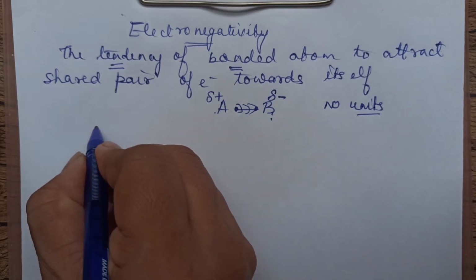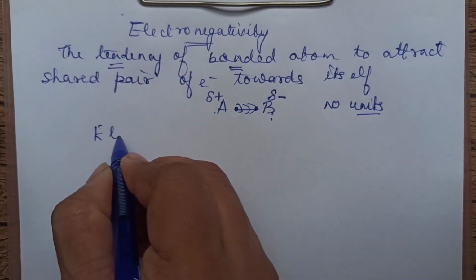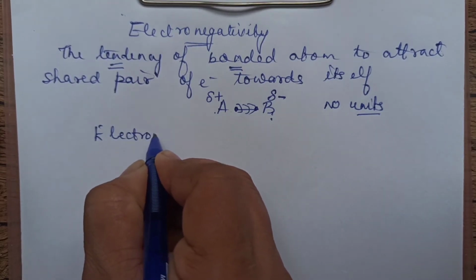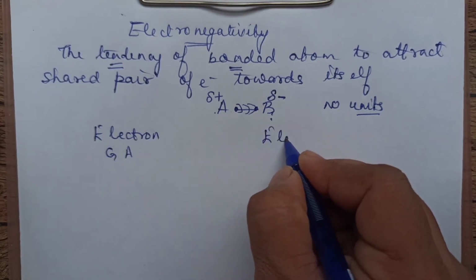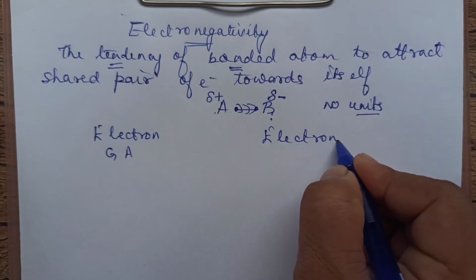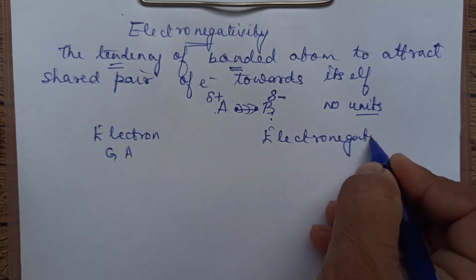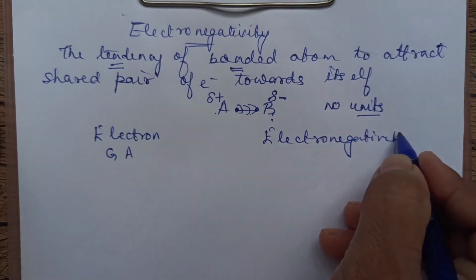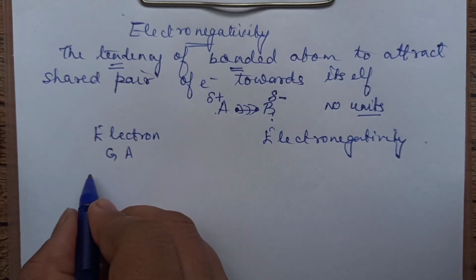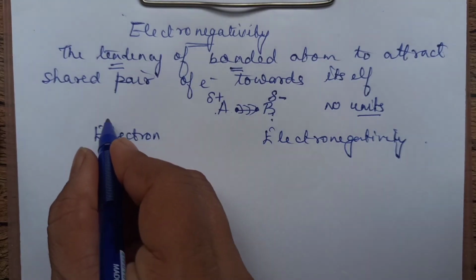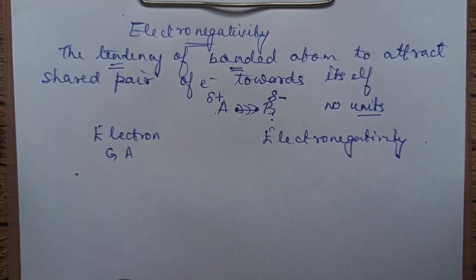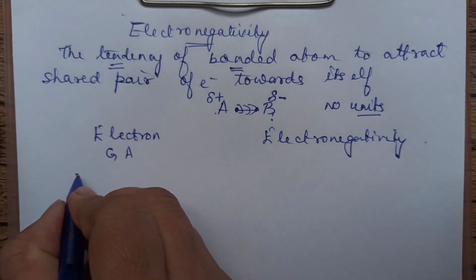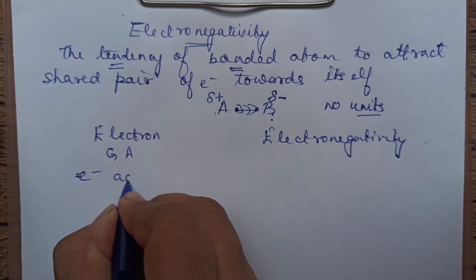Okay, normally children get confused between electron gain enthalpy and electronegativity. Now, let us see what is the major difference between the two. See, the first difference is, electron gain enthalpy is the property talking about electron accepting.